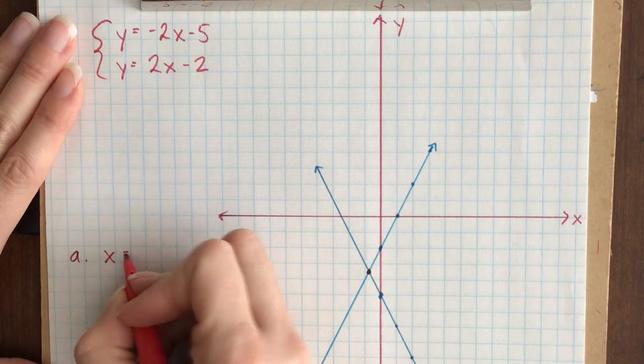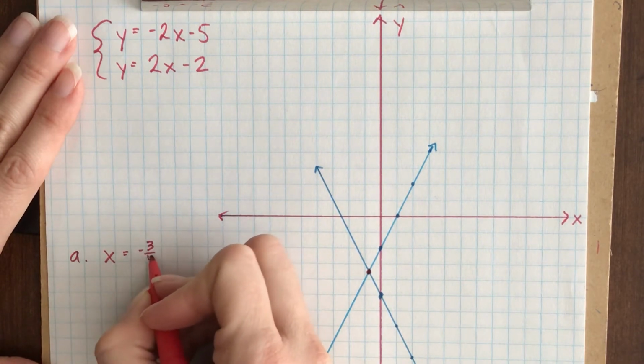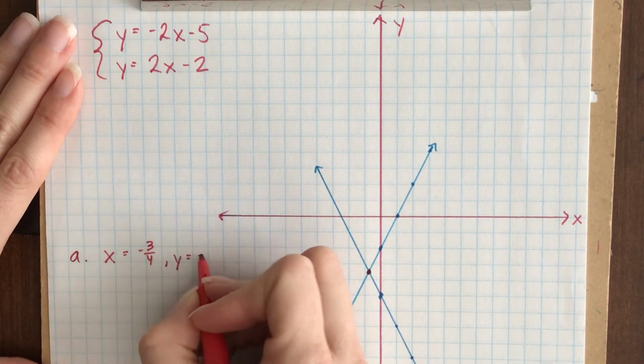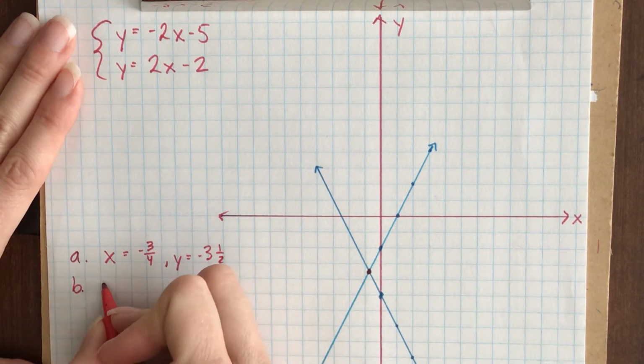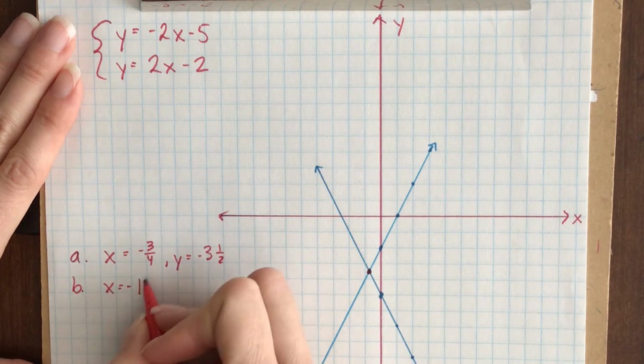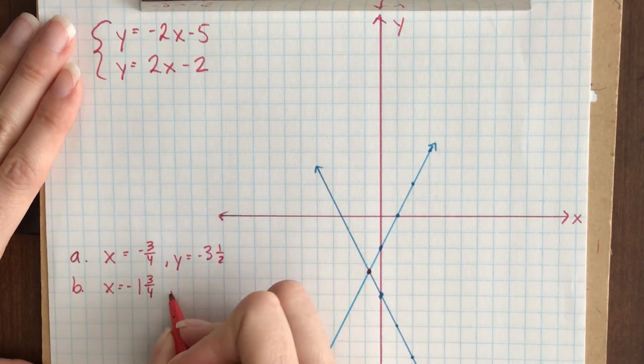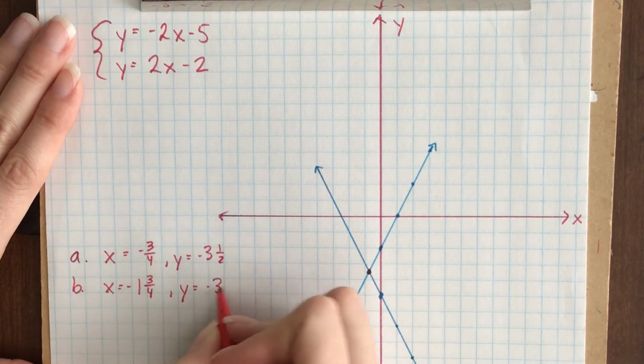A was x is equal to -3/4, and y is equal to -3.5. B was x is equal to -1 3/4, and y is equal to -3.5.